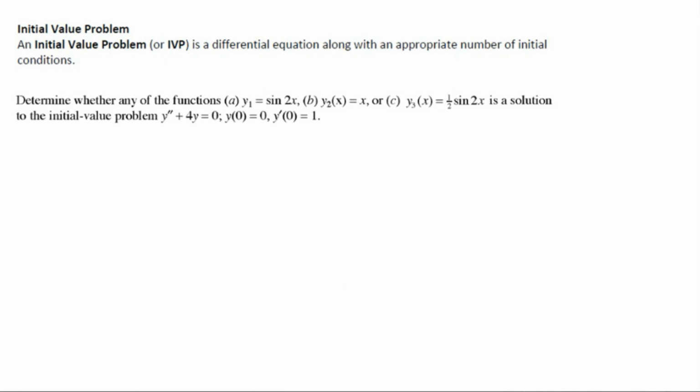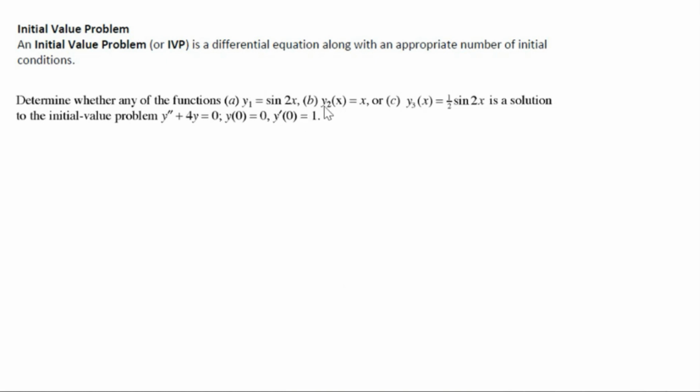Okay, initial value problem. An initial value problem, or IVP, is a differential equation along with an appropriate number of initial conditions. So let us try to analyze and determine whether any of the following functions, for letter A, we have y sub 1 equals sine 2x.